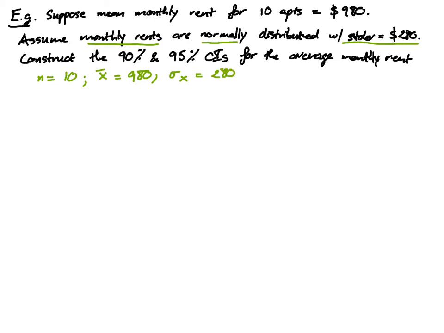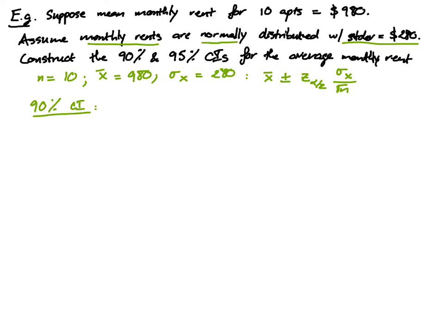Okay. So the general formula that we're going to be using is x bar plus minus z sub alpha over 2 times sigma x divided by root n. Okay. So let's first look at the 90% confidence interval.